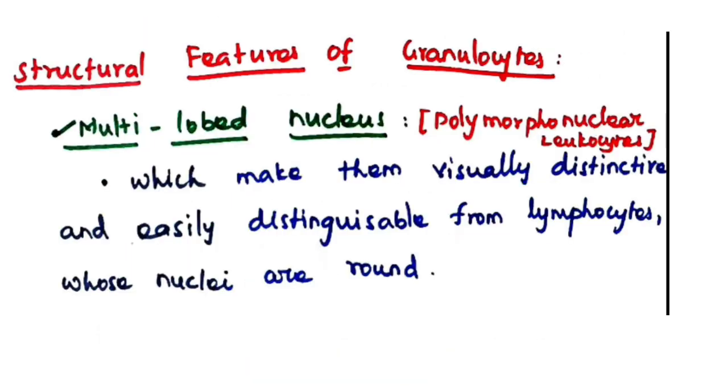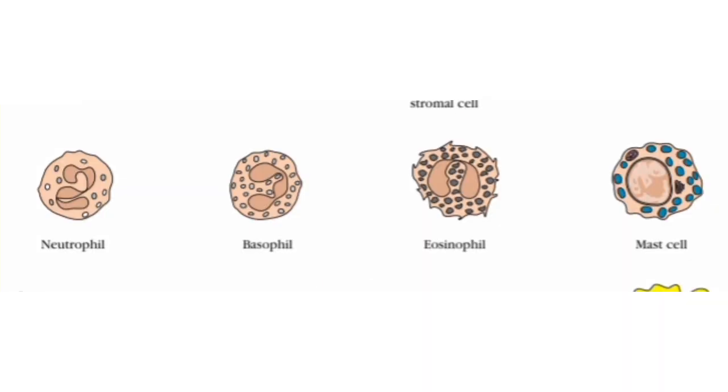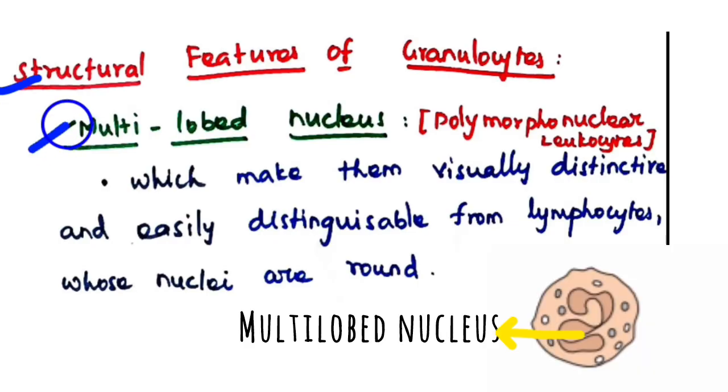Next, let's see the structural features of granulocytes. We are classifying granulocytes into four types: neutrophils, basophils, eosinophils and mast cells. All these cells have general structural features. First, all these cells have a multi-lobed nucleus, so they are known as polymorphonuclear leukocytes.